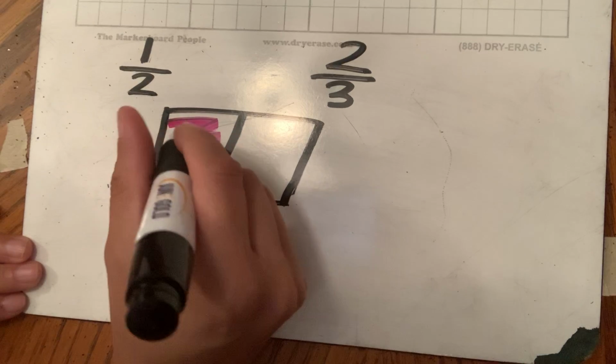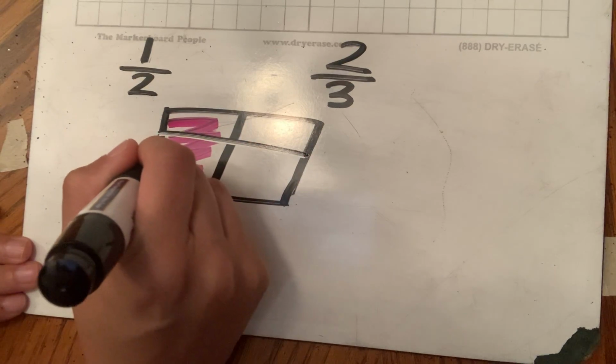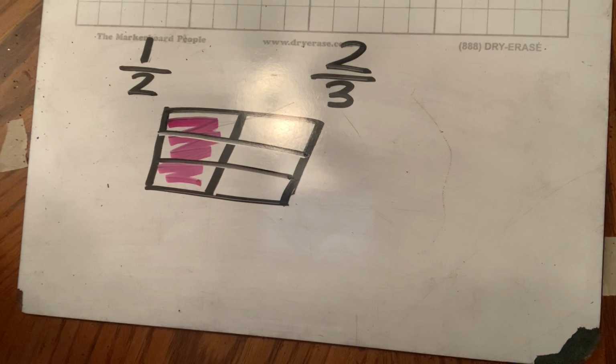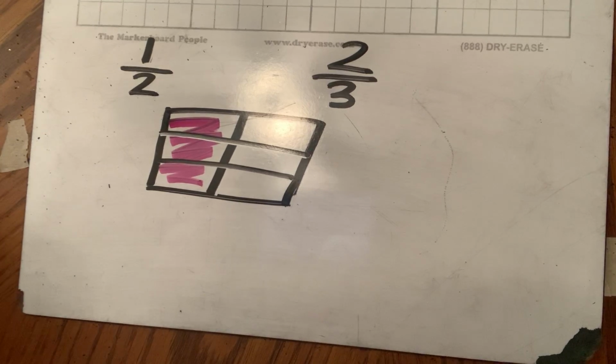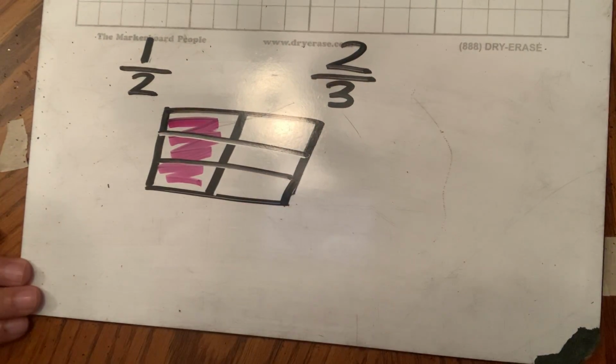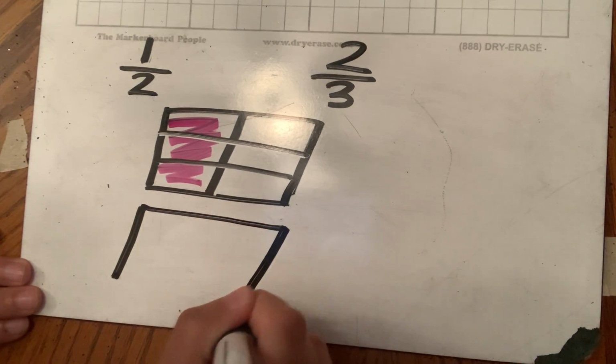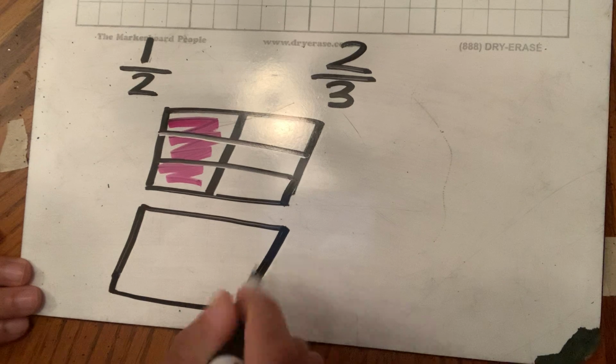So I'll go ahead here and draw horizontal lines to make thirds. Then I will go ahead and do my other area model for my 2/3. So I'll do my area model and I will try to do it the same size as this one.